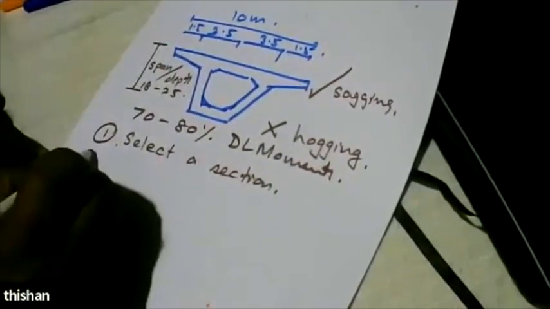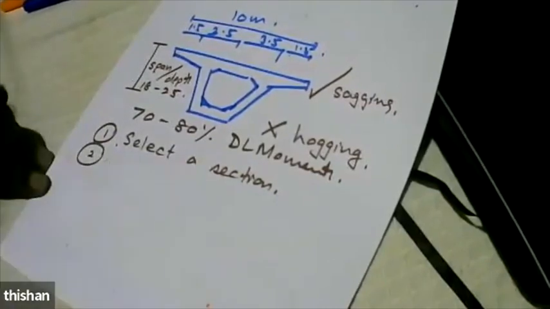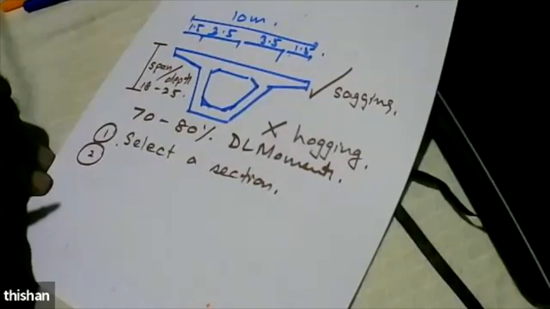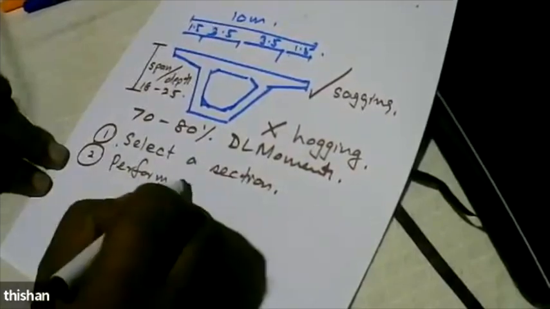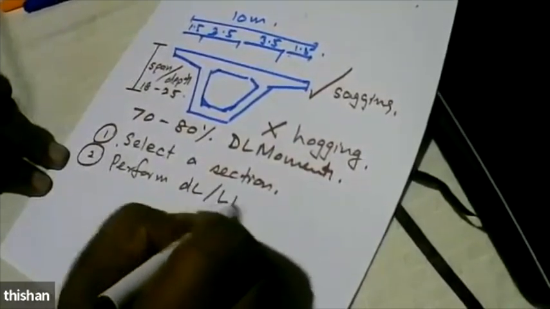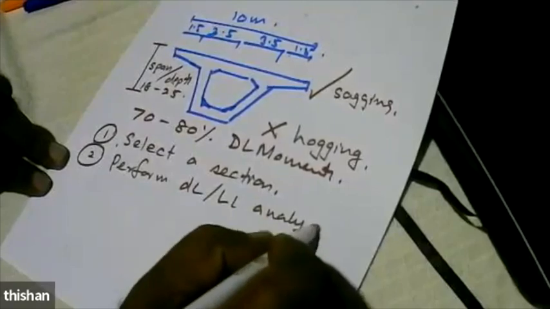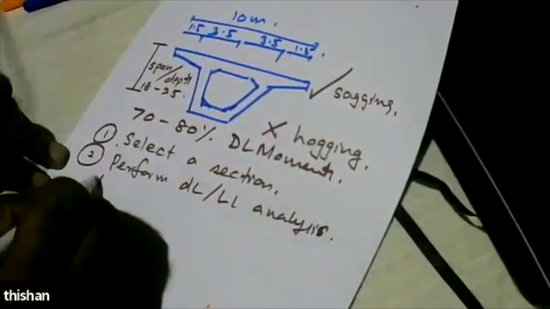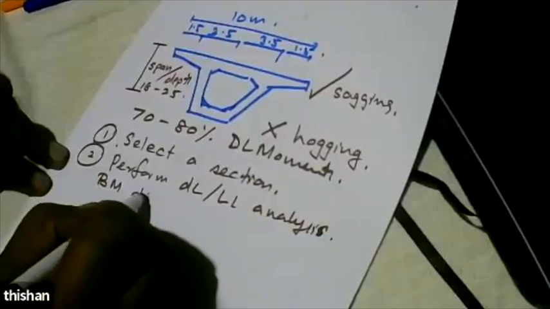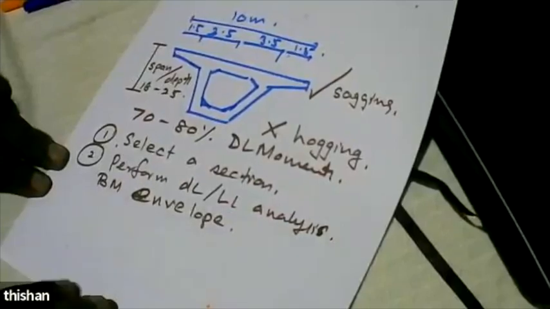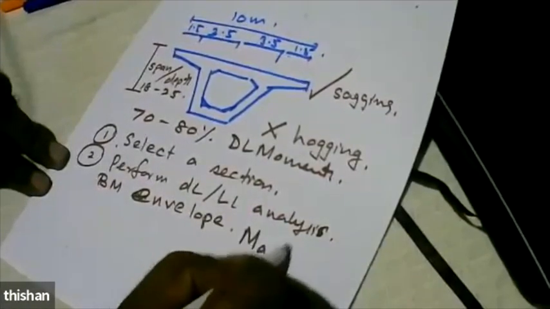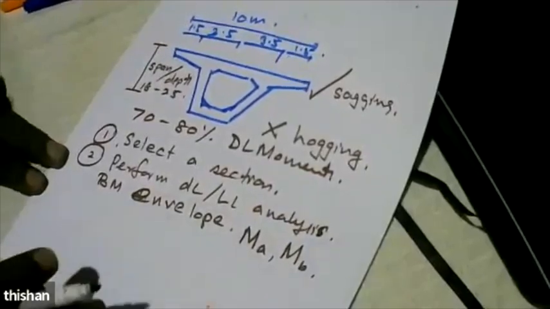When you look at some of the bridges that have already been completed, you can easily see they have maintained values like 20. You will also be in that range. Then perform dead load, live load, and any other loads analysis. Get the bending moment. That will have MA and MB. MB is the bigger moment, MA is the smaller.